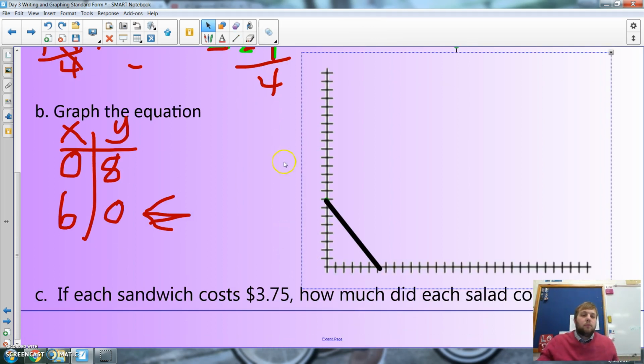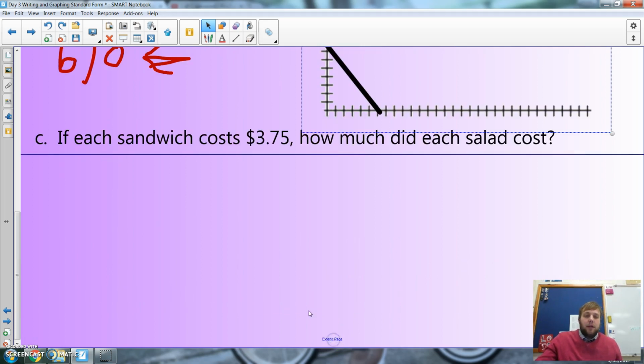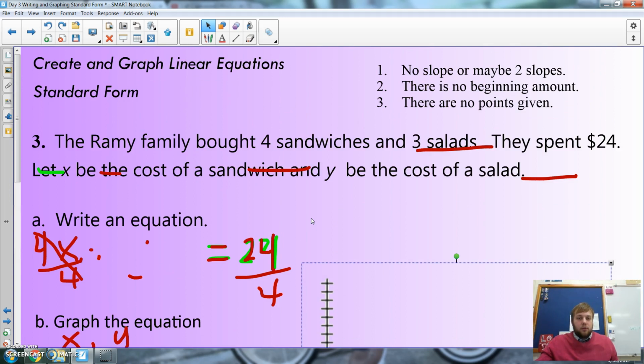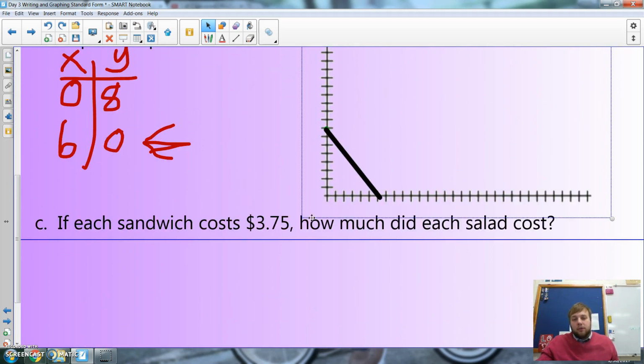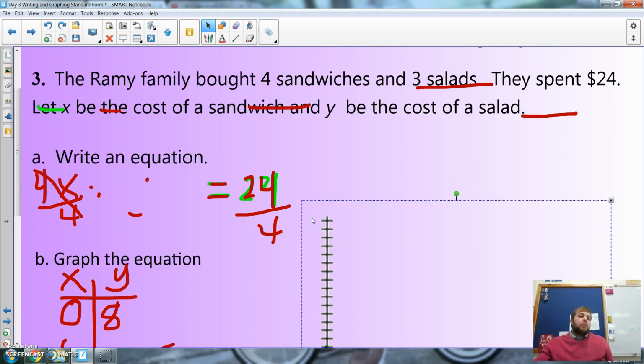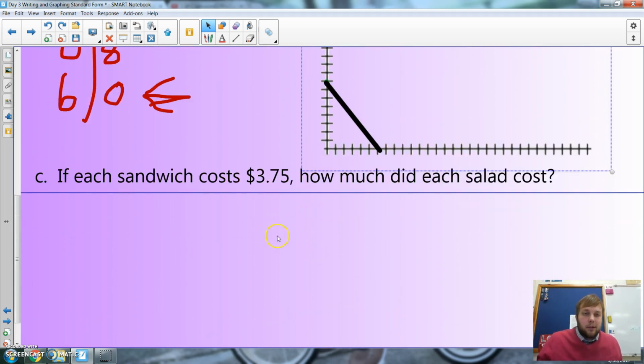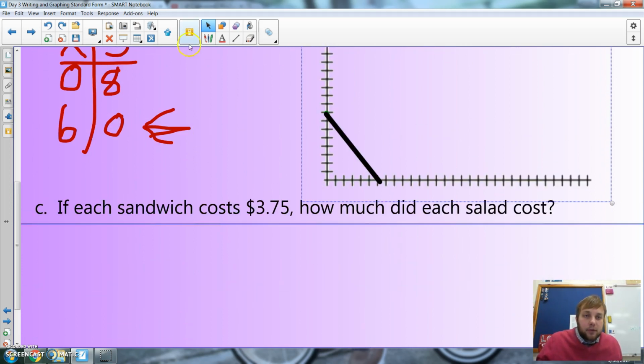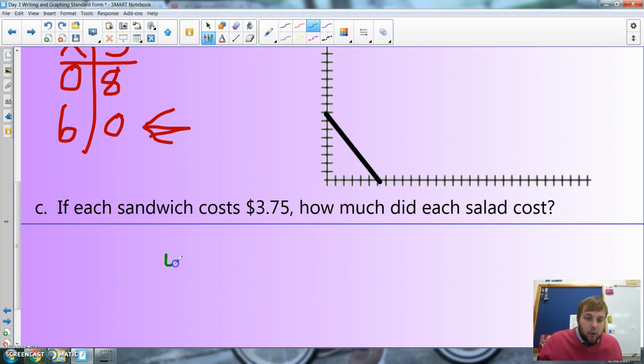Okay? Finally, last one. If each sandwich costs $3.75, how much did each salad cost? So I am going to put in the equation, which was 4x plus 3y, sorry, equals 24.